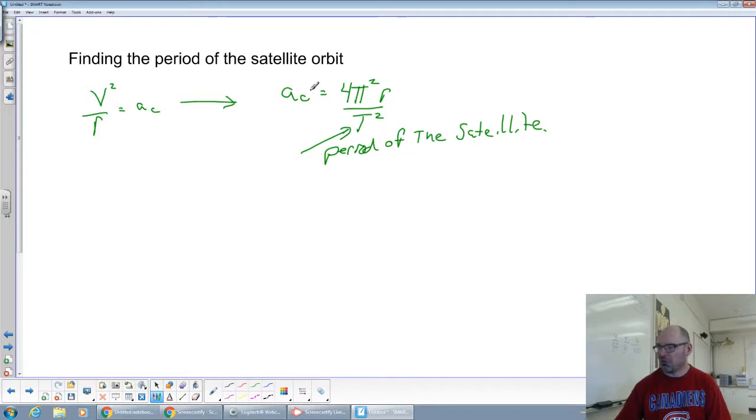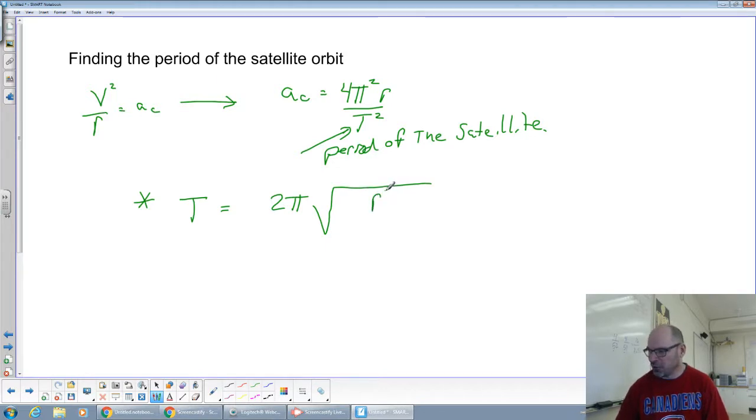Okay, now that's what we're going to use. But if we equate that to universal gravitation and work it out, we can calculate that t, the period of any satellite around a planet, is equal to 2 pi times the square root of r cubed over G m_p, the mass of the planet, which usually is Earth.